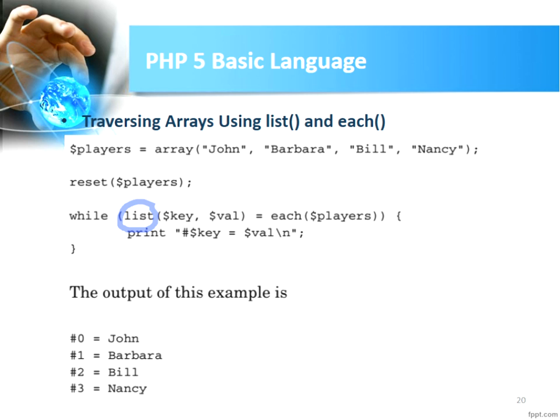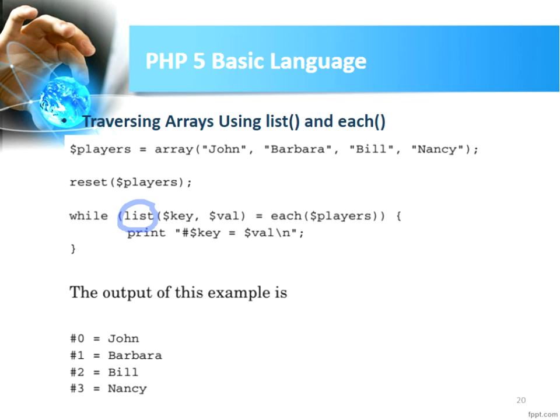In our example, key refers to index and val refers to value, and list means assign a list of variables in one operation.